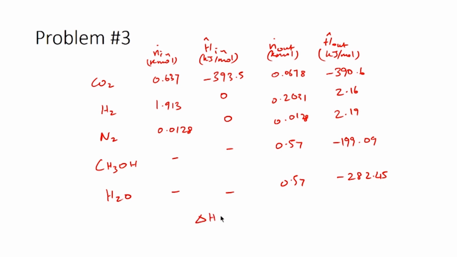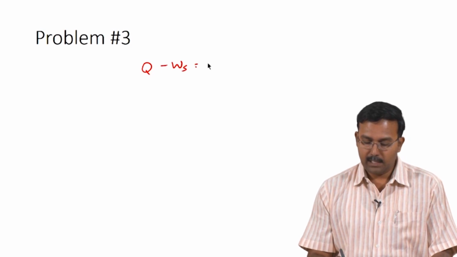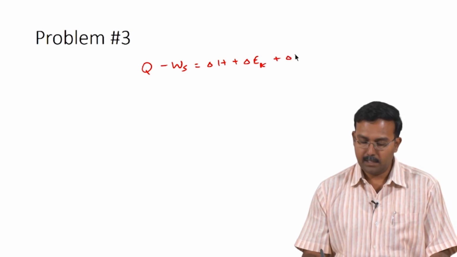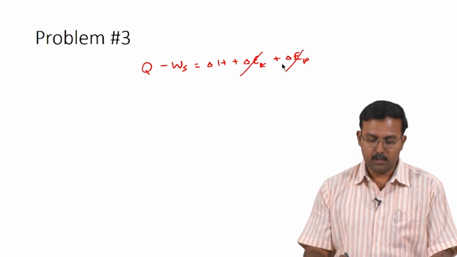So, delta H for this process would be, we can calculate the total enthalpy of the outlet stream and subtract the total enthalpy of the inlet stream from that value. So, this would give us minus 49,834.3 kilojoules. So, if we were to look at the general energy balance equation we would have used, for the open system, the energy balance equation would have been Q minus Ws equals delta H plus delta Ek plus delta Ep, and you have no change in kinetic potential energy, no moving parts.